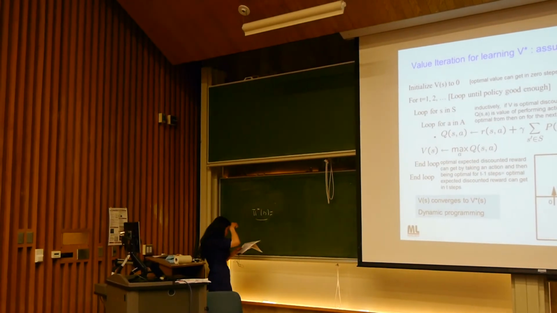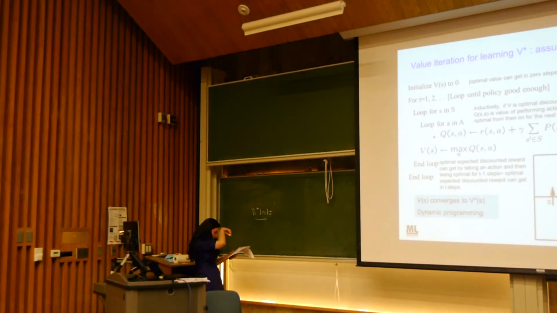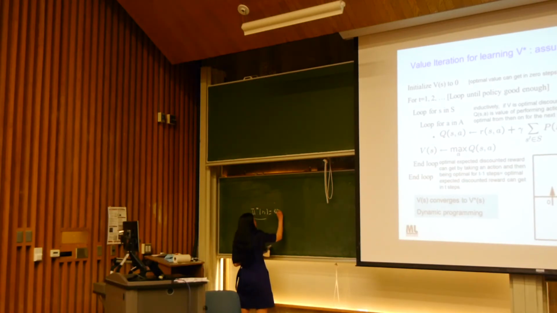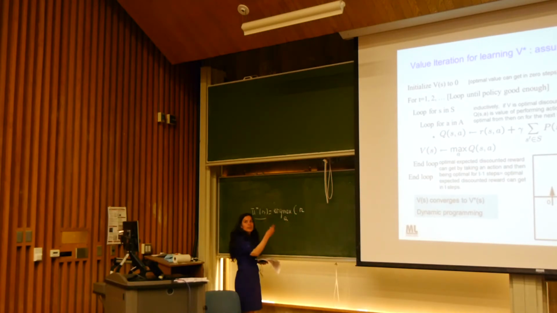I think it will be basically, so I need to take the best action, right, from that moment on. And so it will be argmax over A of the reward. So if I'm in a certain state S, I have certain possible actions I might take, right?